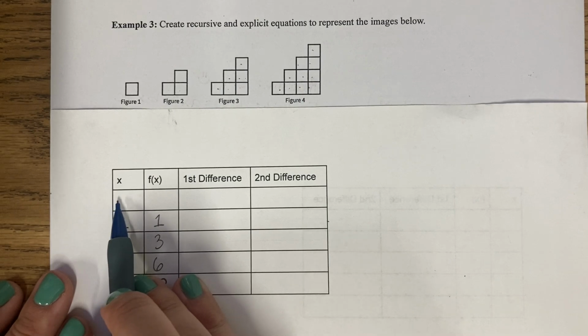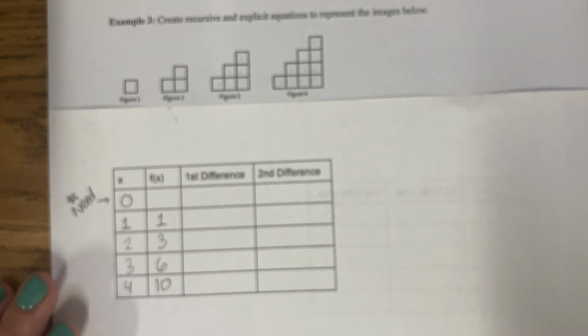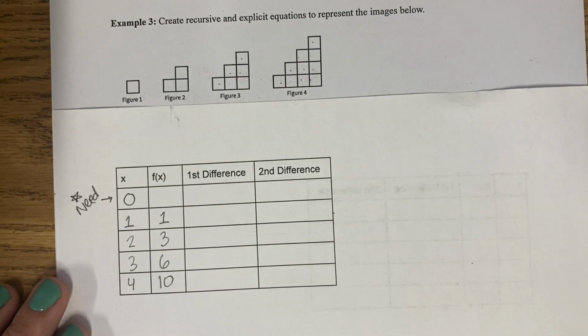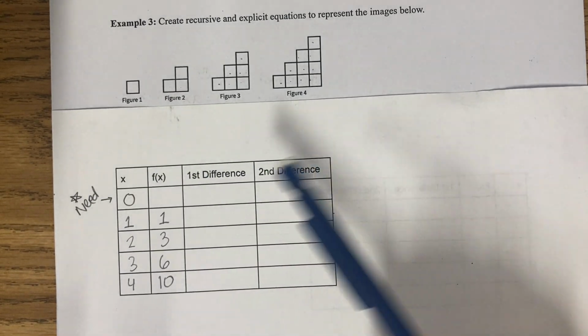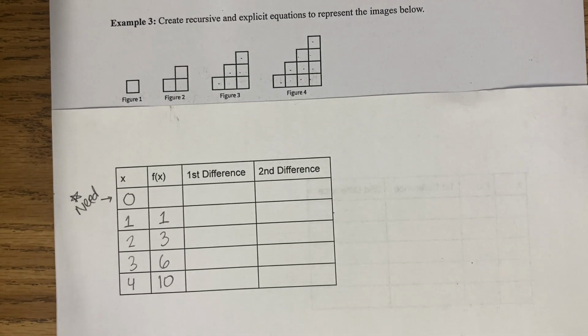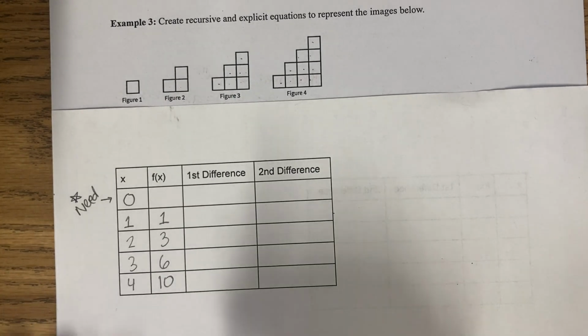The reason I left a blank here is because I need my 0. There we go. Okay, so these pre-built tables just make it so I don't have to draw a bunch of lines. We then fill in the first difference.